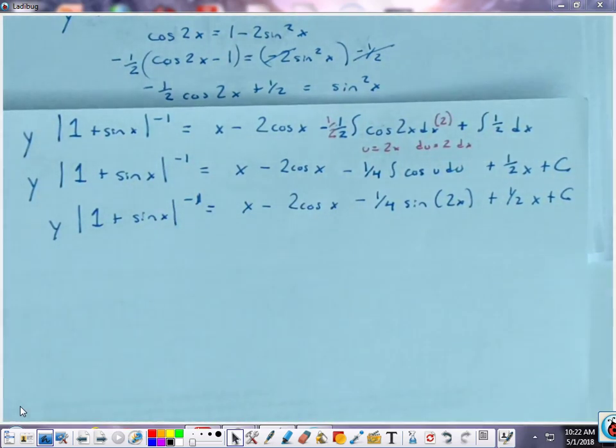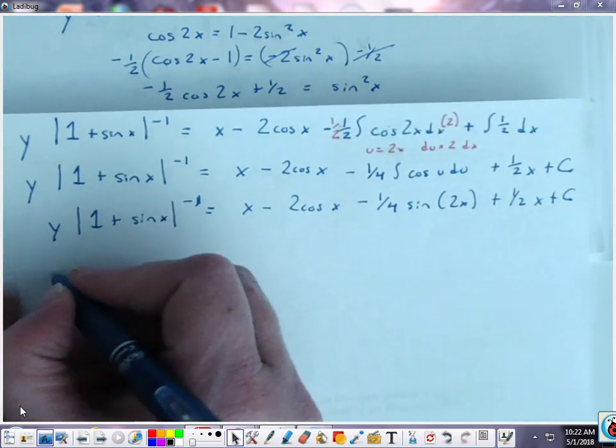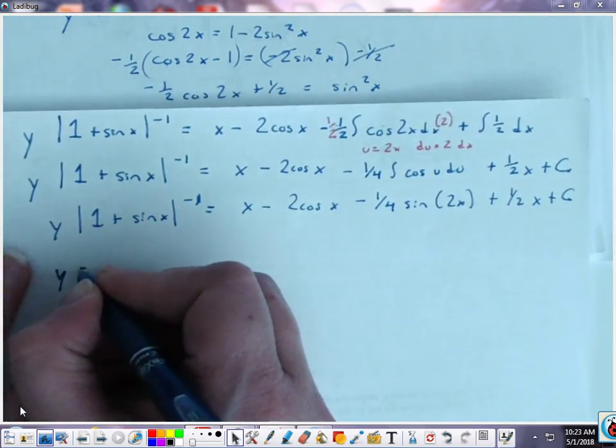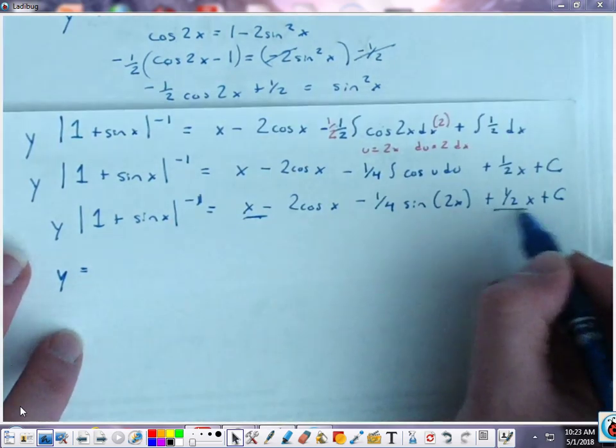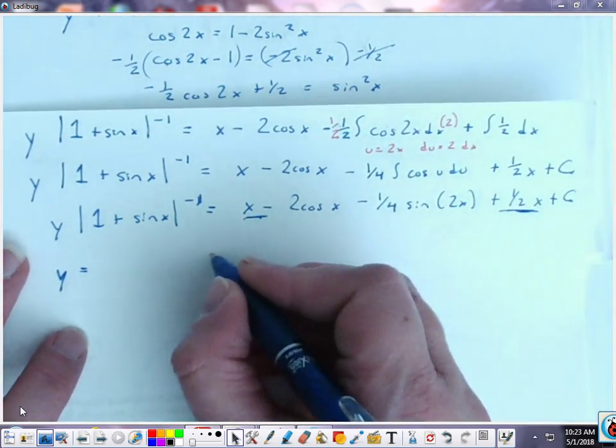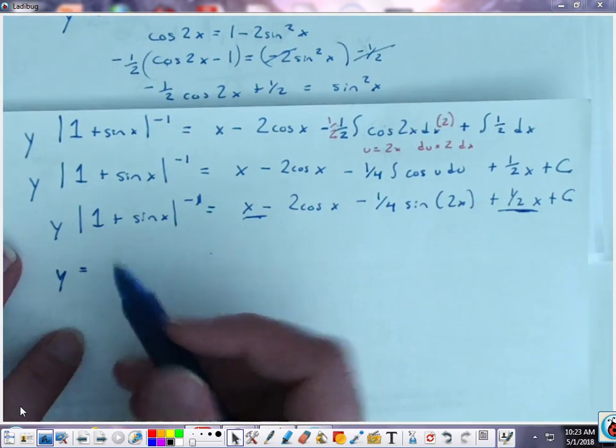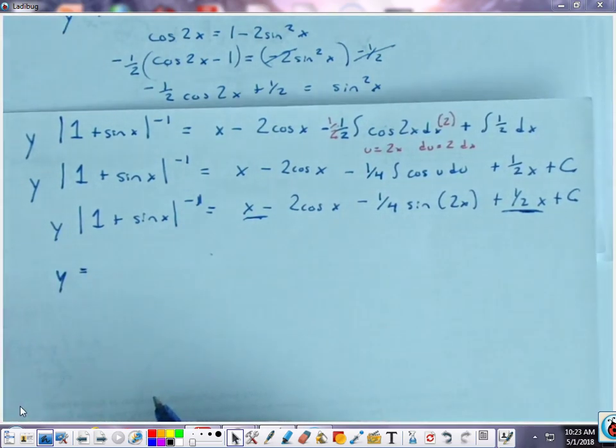Now you've actually integrated everything. Okay, really all that's left is if I want to combine like terms, if I want to solve for y by dividing both sides by the y, and putting in the point to solve for c. So the only thing I can really combine is this. So over here, can I multiply both sides by 1 plus sine x at the same time?